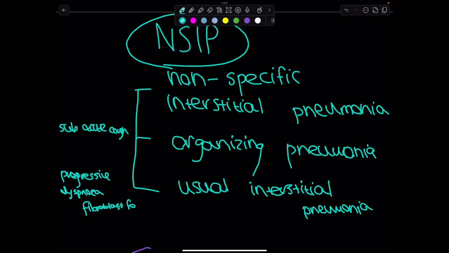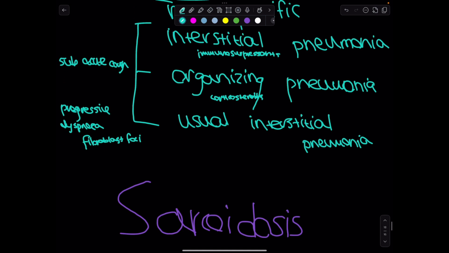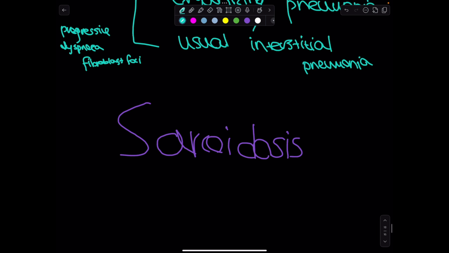Step 5. Treatment for OP involves corticosteroids with good response. NSIP uses immunosuppressants with variable outcomes, and UIP has limited response to antifibrotics like pirfenidone, with worse prognosis. These ILDs differ from ischemic heart disease, which affects coronary arteries, not lung interstitium.